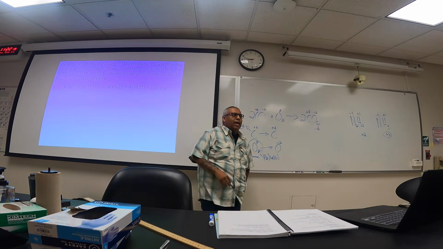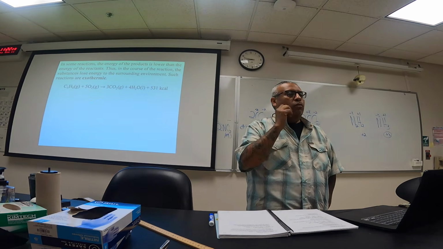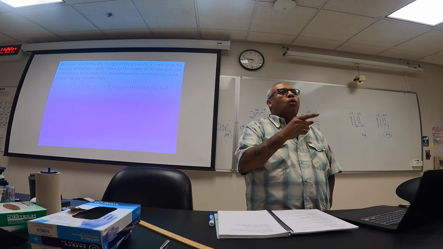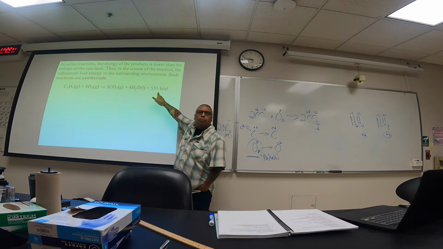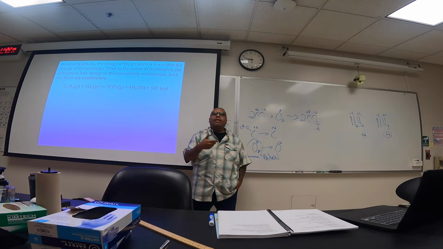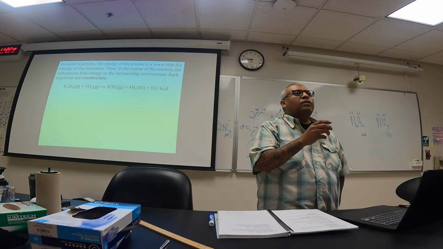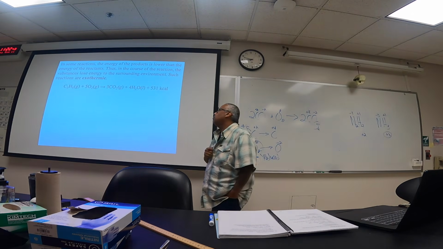So anything that makes heat, those are exothermic reactions. And you're always going to find for exothermic reactions, the product side is where we put that energy, where we put that heat. Okay? So exothermic reactions will produce heat.